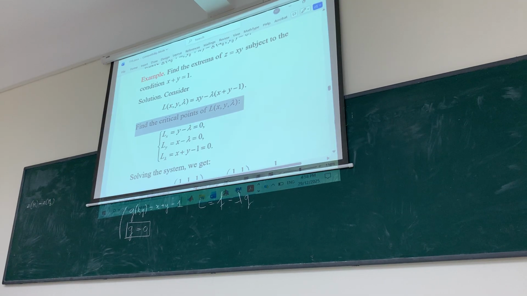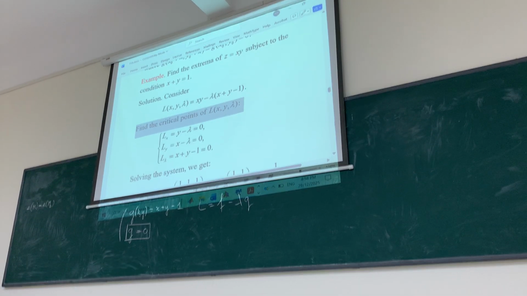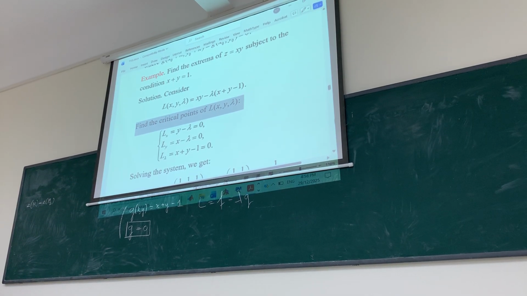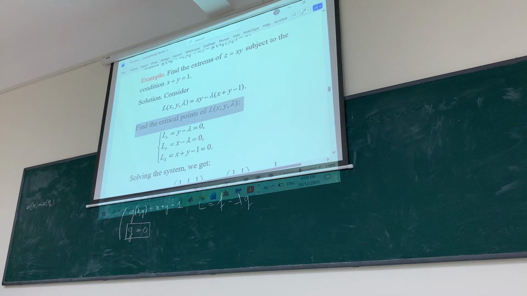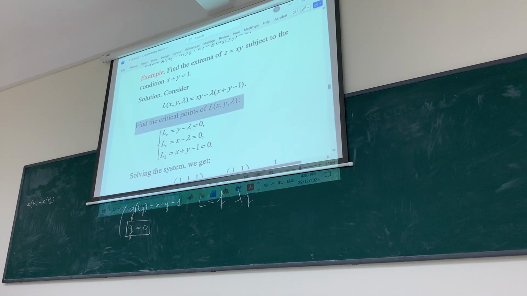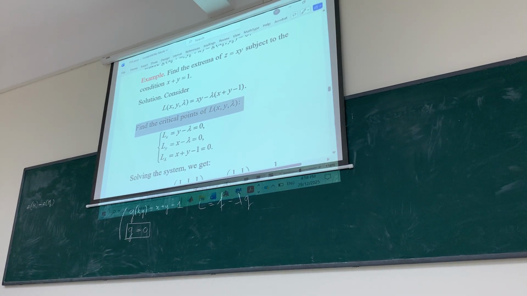L prime with respect to y is equal to x minus lambda. Finally, L prime with respect to lambda is equal to minus (x plus y minus 1), equals 0. From these equations we can solve the system and obtain the solutions.